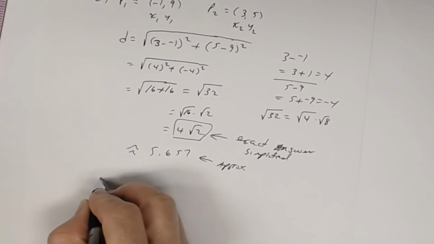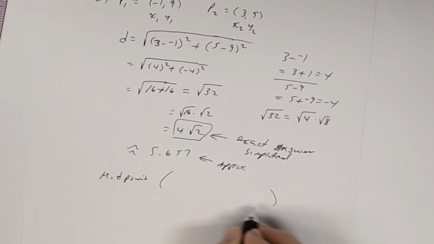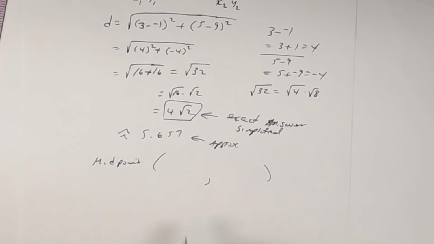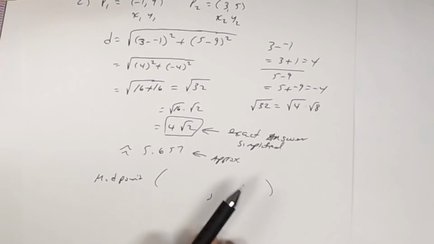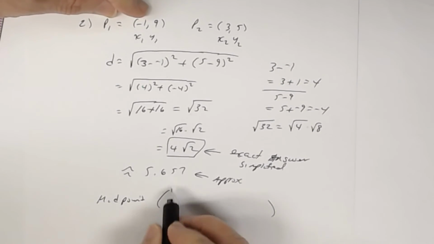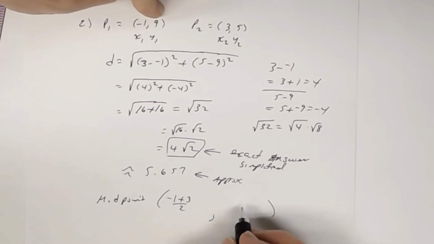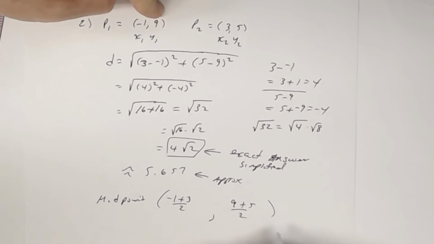All right, now let's do the midpoint. Midpoint, remember, that's the point in the middle. When doing midpoint, you need parentheses because it's a point. So that's where you add your x coordinates together: -1 plus 3 divided by 2. And then the y coordinates, you're going to say 9 plus 5 divided by 2.